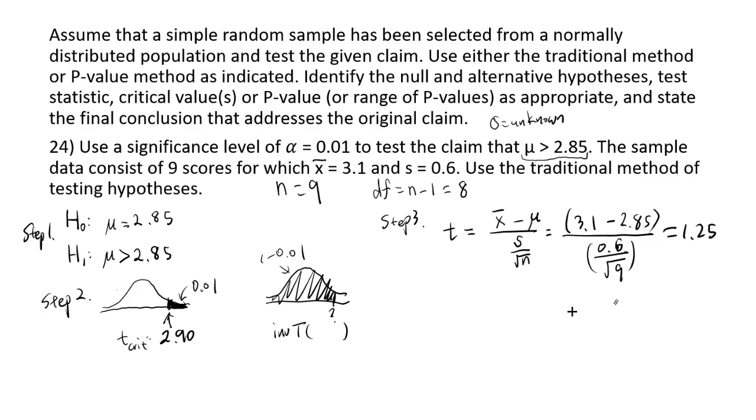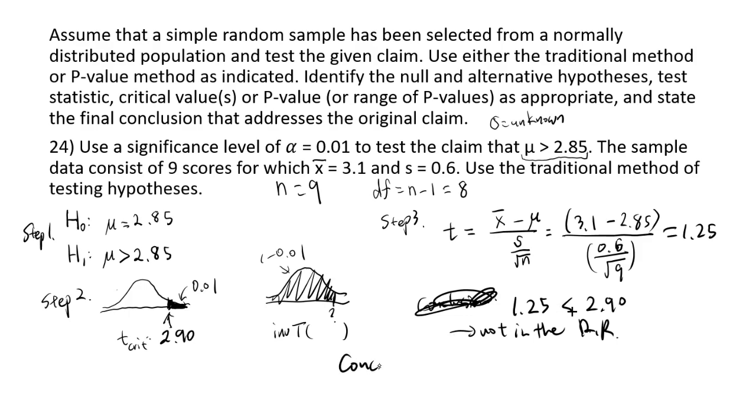And therefore, the conclusion is, because 1.25 is less than, so maybe I should write that down. So 1.25 is less than 2.90. So it's not in the rejection region, because we're using the right tail, so it has to be more than 2.90, but it's less.